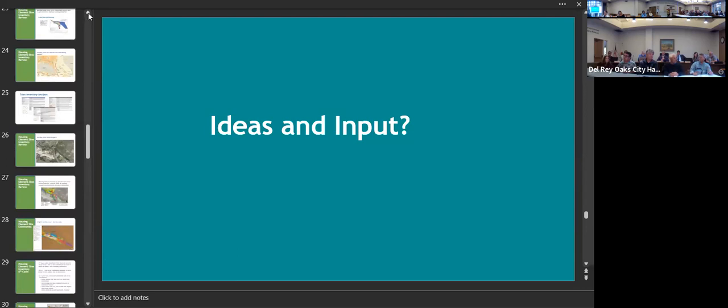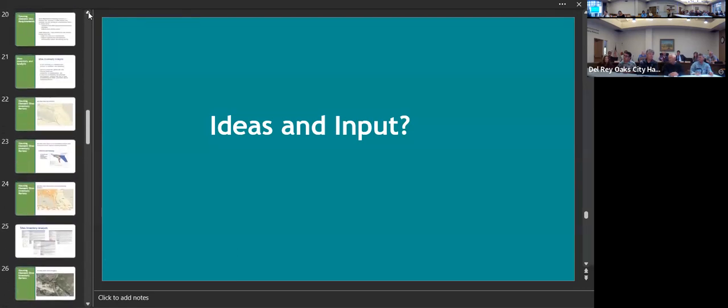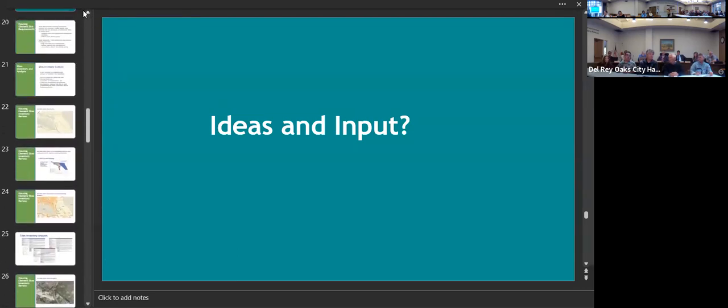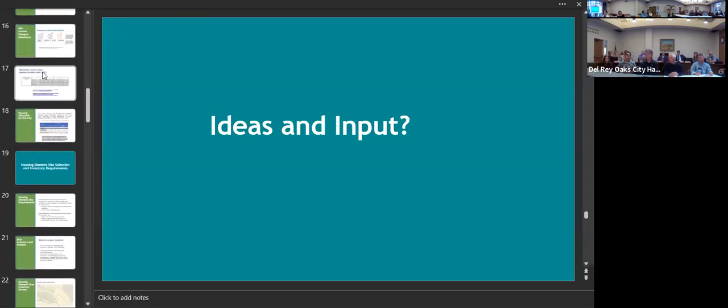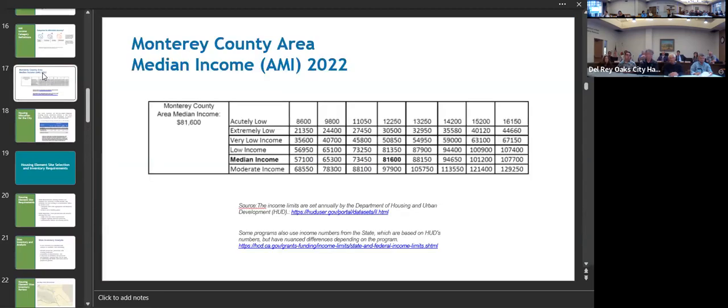It's in the RHNA, and I think it's like 38 and 60 for low and very low, and then the remainder is moderate and above moderate. That's based upon the median income. Area median income for Monterey County changes every year. It's provided by HUD and HCD, and that's how they determine it.